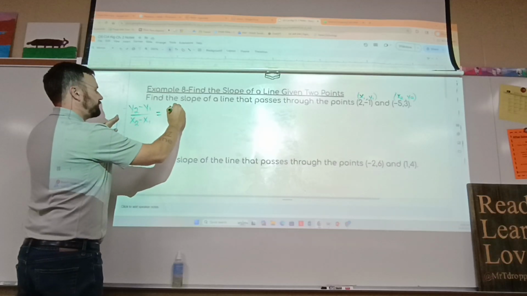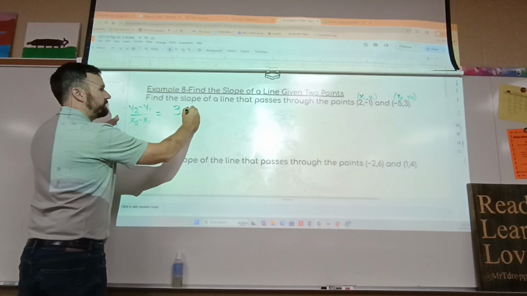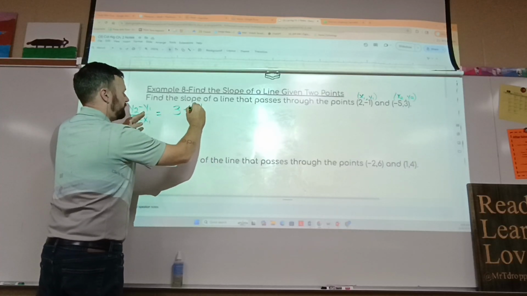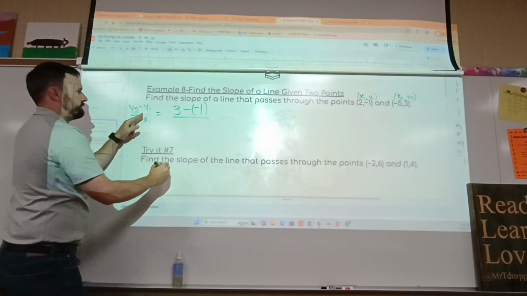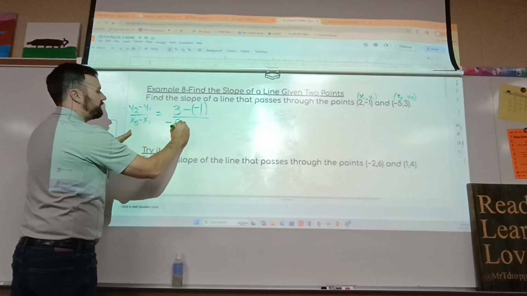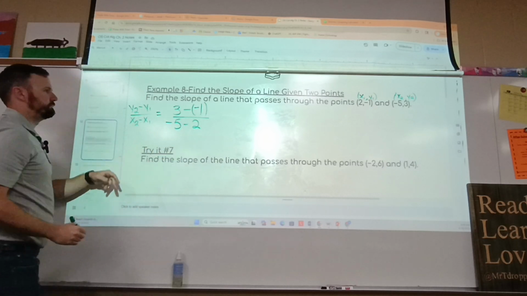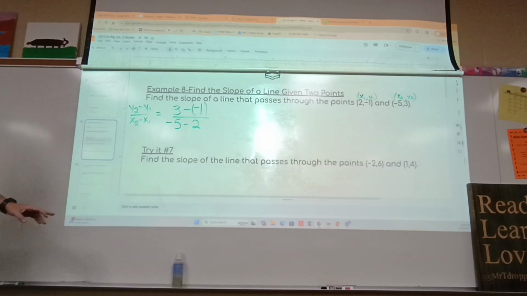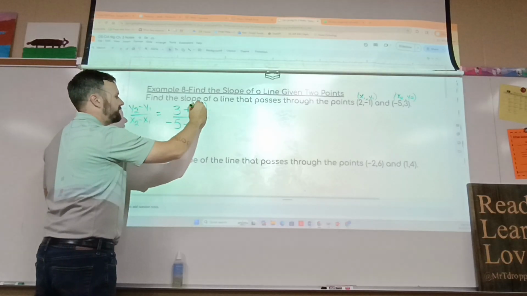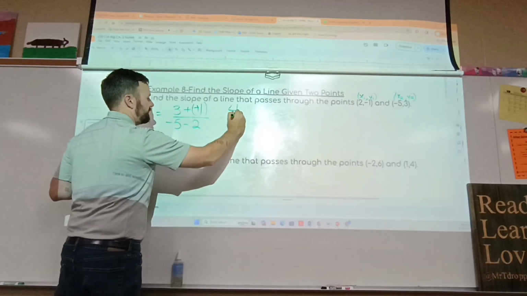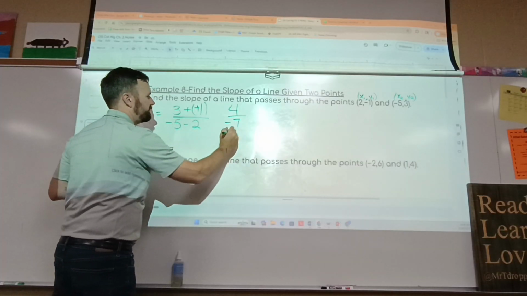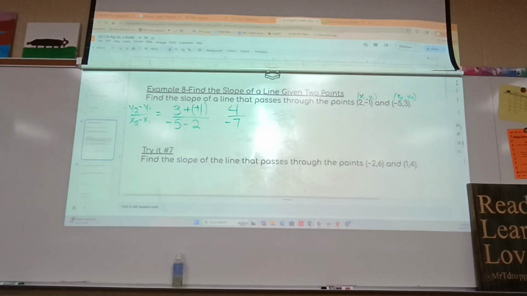So y2 is 3 minus y1 is -1, over our -5 minus 2. Simplify this beast. Bad thing happens to a bad person, that's a good thing. And these are both negative, so I'm going to keep my signs. Fractions are good.